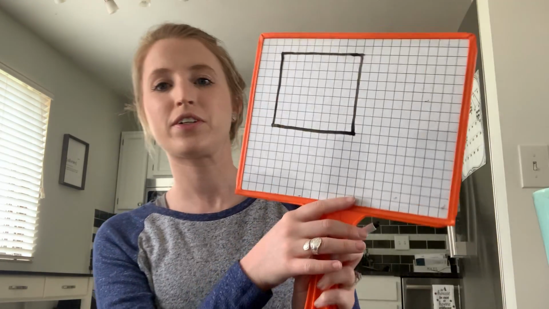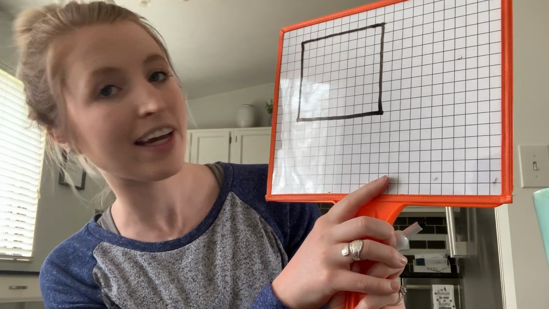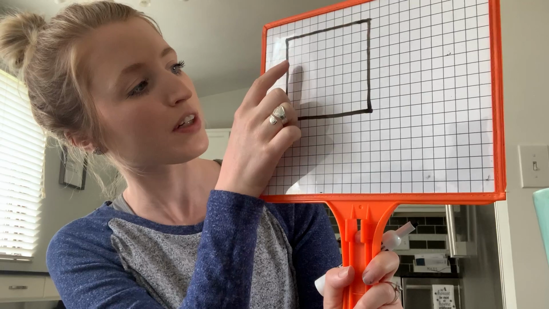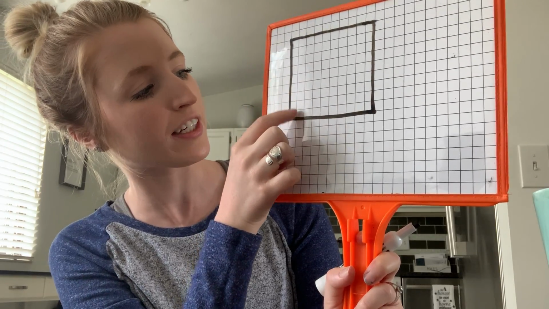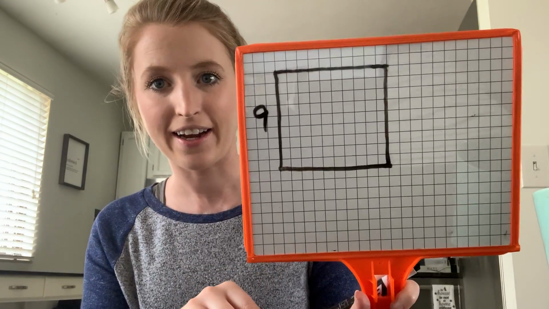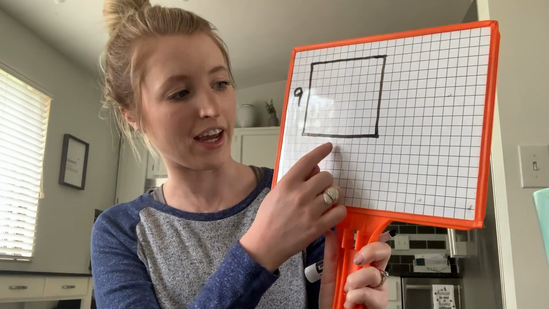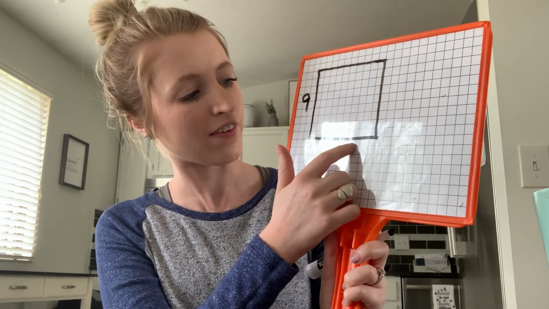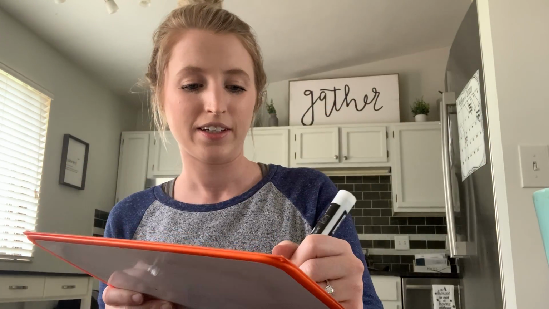Okay, so you can see I have a length of 9. 1, 2, 3, 4, 5, 6, 7, 8, 9. I'm going to write it on the side. And I have a width of 10. 1, 2, 3, 4, 5, 6, 7, 8, 9, 10.